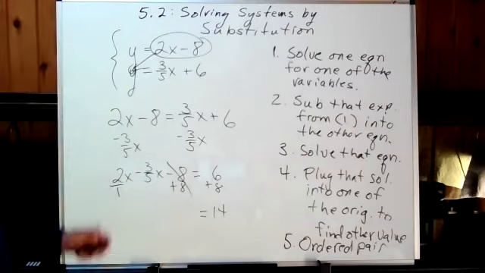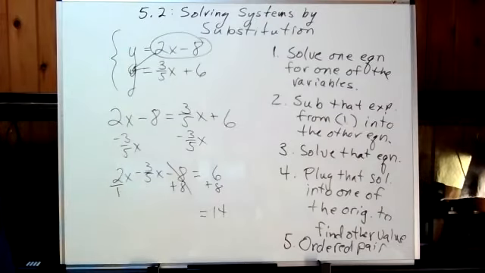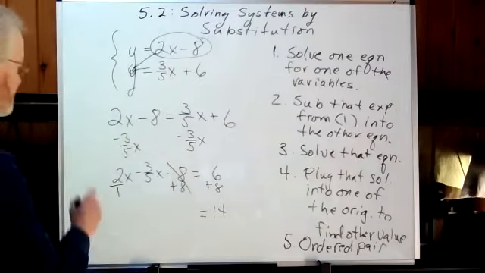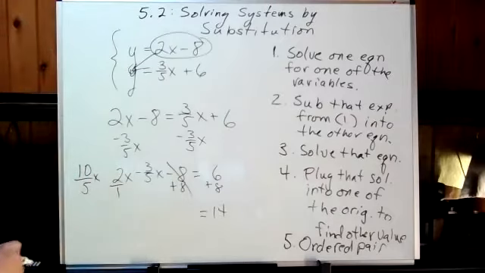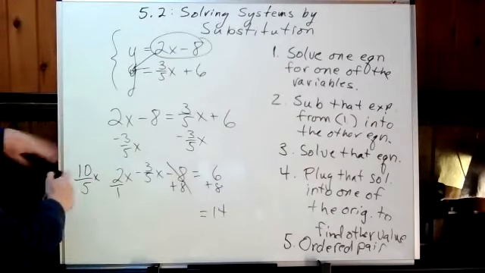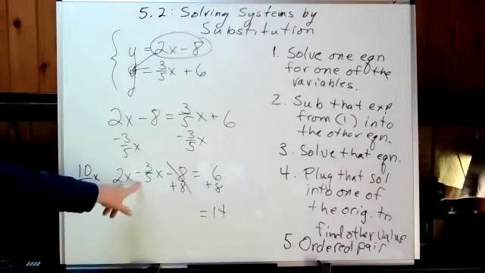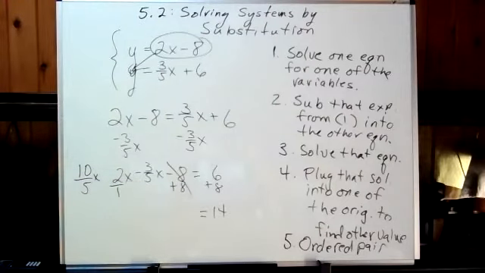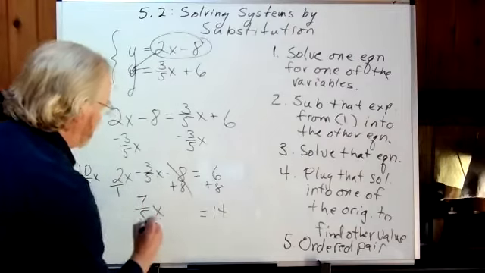I need to get a common denominator of 5 in order to combine all those fractions. So multiply by 5 over 5, that's the same as 10/5 x, right? Okay, just kind of doing that on the side. If you allow, 10/5 minus 3/5 means I have 7/5 x.